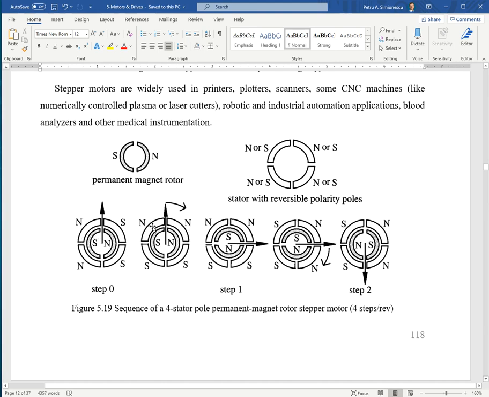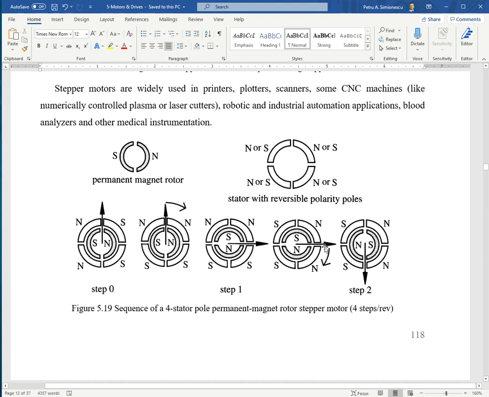So you hold this one north, but you change this to south, and you change south to north here. So the magnet follows and aligns itself: south with the 2 north poles, of which one is new, and likewise north aligns itself with the new south pole and the old south pole. So this way you get a quarter of a rotation, and then you can continue.